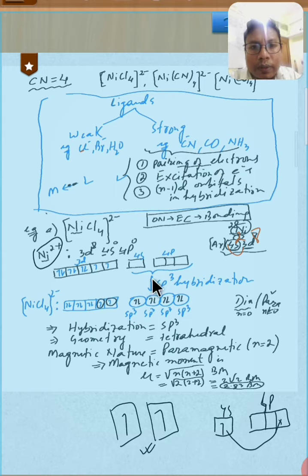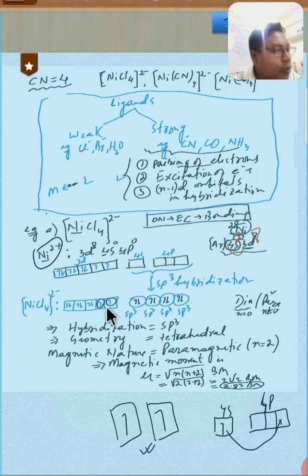In this case, no pairing of electrons will take place, but we need 4 empty hybrid orbitals, because the number of coordinate bonds that are going to be formed is 4. So one 4s and three 4p orbitals will be hybridized to form 4 equivalent sp3 hybrid orbitals.